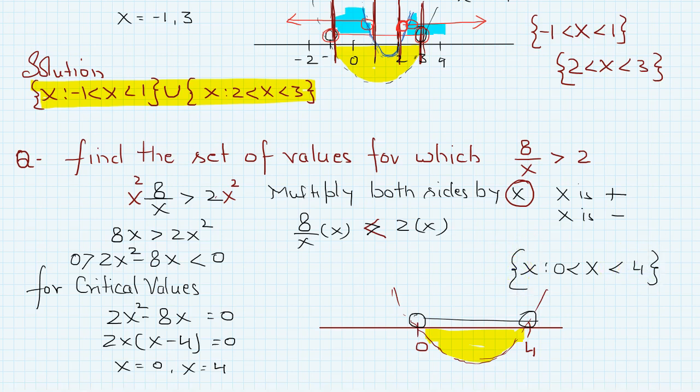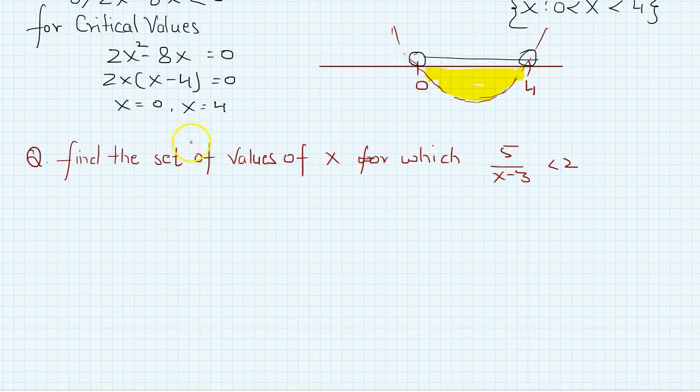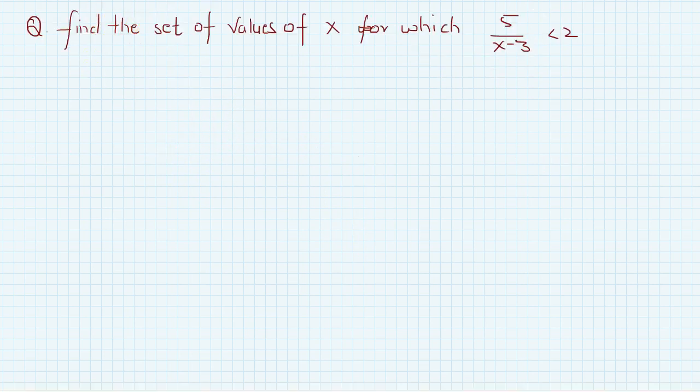So for this question, the next question is the same as the previous one. So now we have 5 over x minus 3 is less than 2. Now we have to multiply both sides by a positive number. We don't know if x minus 3 is positive or not.